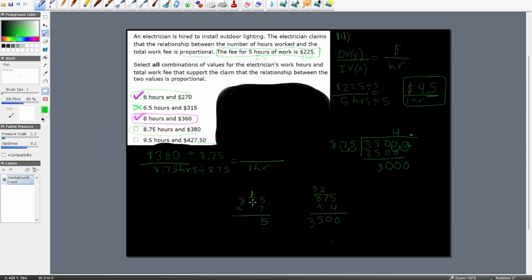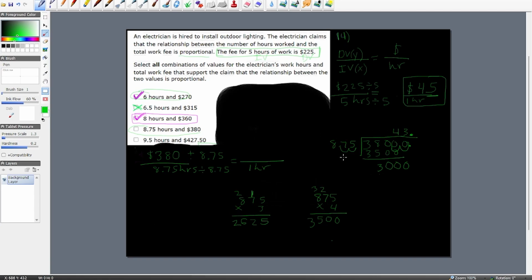7 times 3 is 21, plus 1, 22. 3 times 8 is 24, plus 2 is 26. And that's going to get us close. If we went 4 times, it would go over this amount. So it's going to be 3, because as you can see, 875 times 4 is 3,500, which is too big.